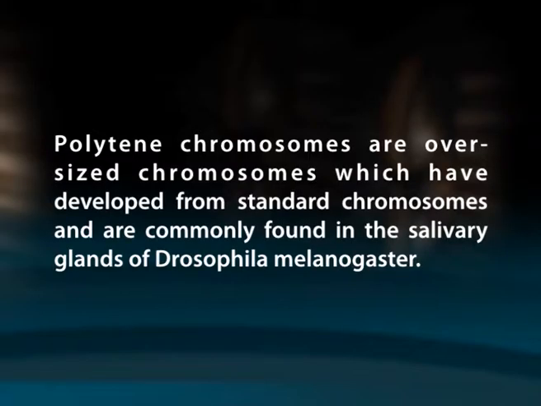They were conclusively reported for the first time in insect cells of Drosophila by Theophilus Painter of the University of Texas in the year 1933. Since they were discovered in the salivary gland cells of insects, they were termed salivary gland chromosomes. Polytene chromosomes are oversized chromosomes which have developed from standard chromosomes and are commonly found in the salivary glands of Drosophila melanogaster.